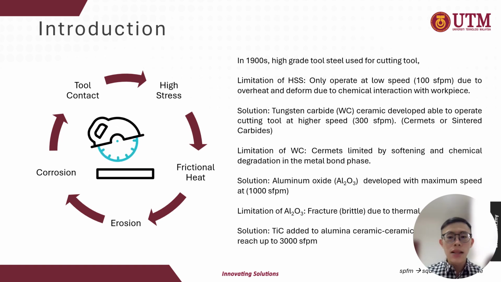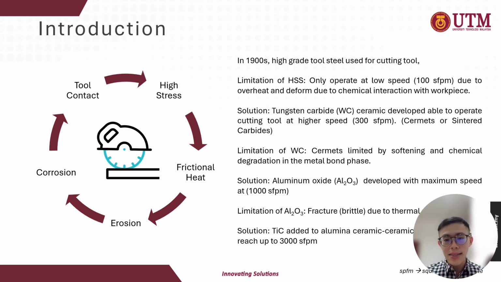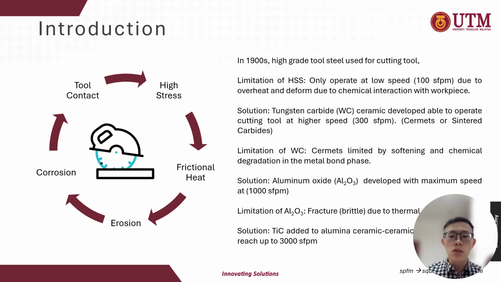But the limitation of alumina is that it fractures due to the brittleness of the material at high temperature. So the solution is that titanium carbide was added to alumina for the ceramic-to-ceramic matrix, which is able to reach up to 3000 square feet per minute on the cutting tool.